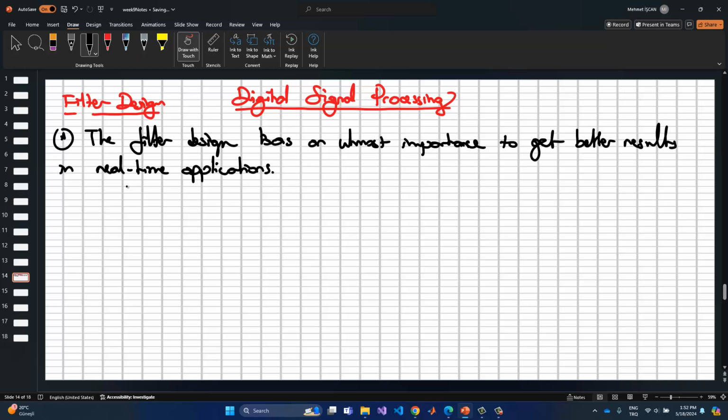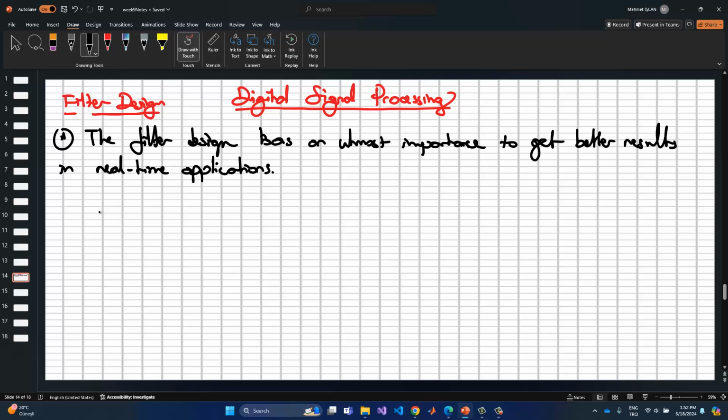Okay, due to the remaining noise and these signals from the main body, we need to suppress the whole thing by using what? Discrete filters.